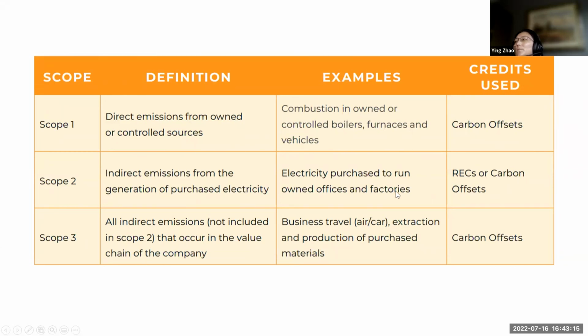For electricity emissions, you can use renewable energy certificates or carbon offsets, because carbon offsets can offset everything since they are emission reductions. And the same goes for business travel.